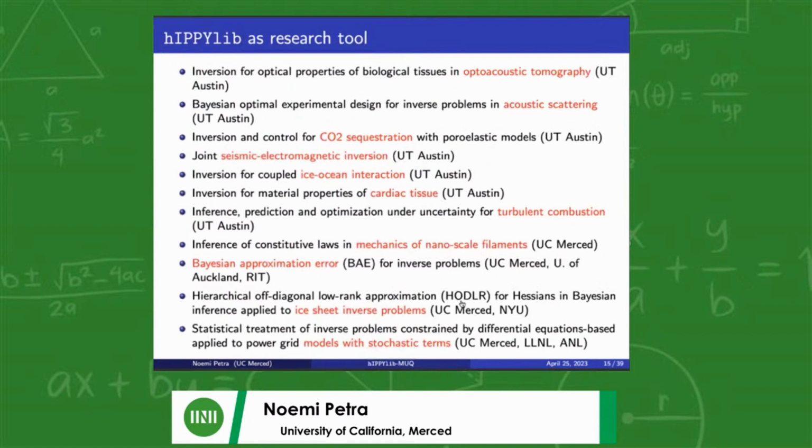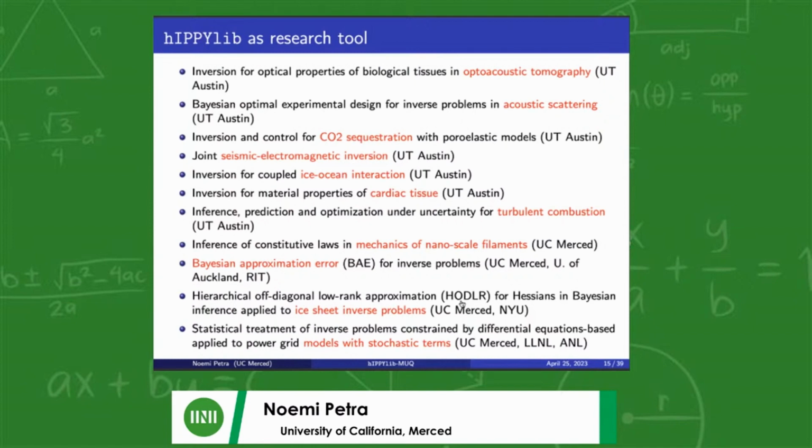Okay, we have been using hIPPYlib for a while now for many applications. I hope this will give you an idea, if you work in some of these areas, of whether it's something that would be useful for you. For instance, in optoacoustic tomography, this is something that is done by Umberto and others.